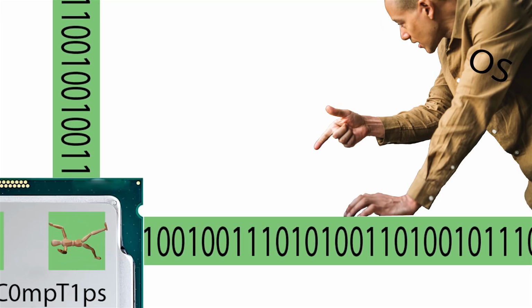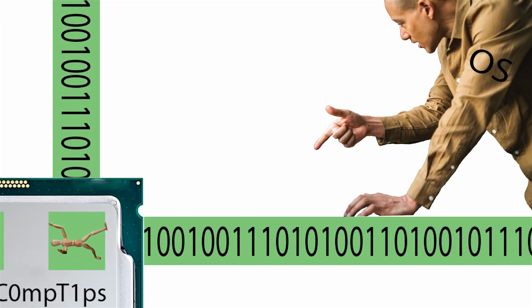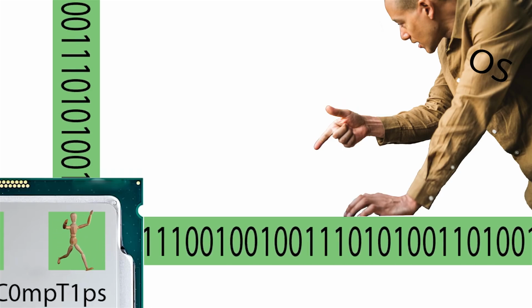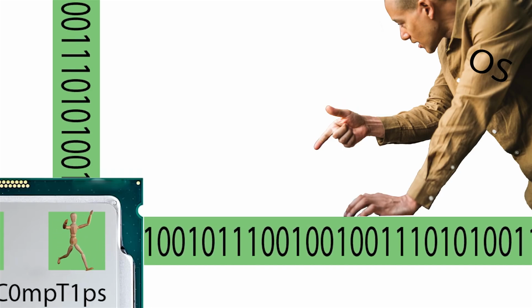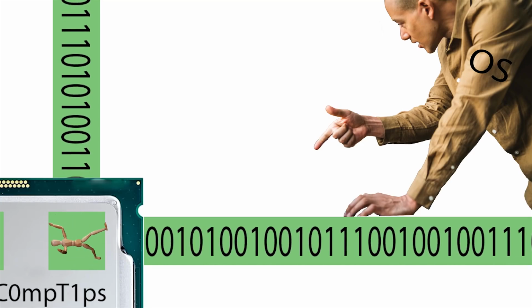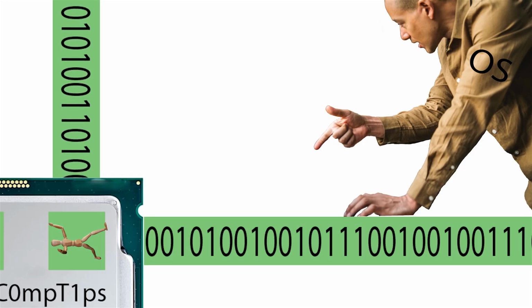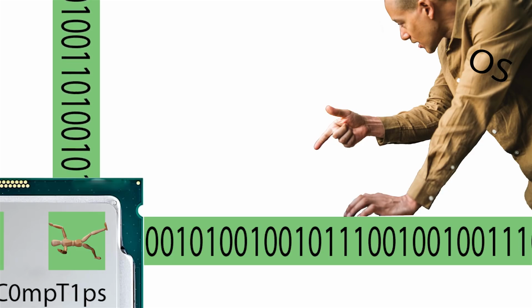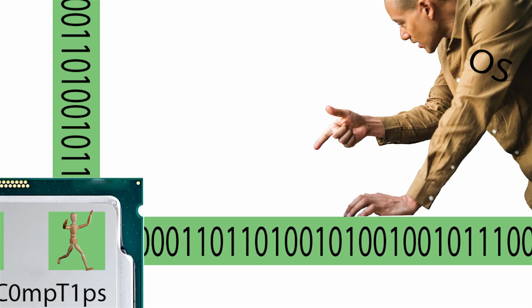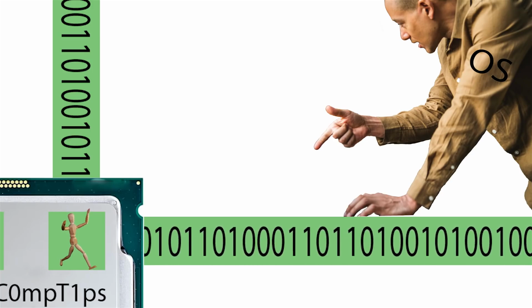You might have only 1 core, but having this second thread gives the processor efficiency. While the core is in downtime on the first thread, it can switch over to the second thread and work on another task. Once the resources are back for the first thread, it can go back. So it's waiting on the computer to catch up, switches threads, works on another one, and then comes back.